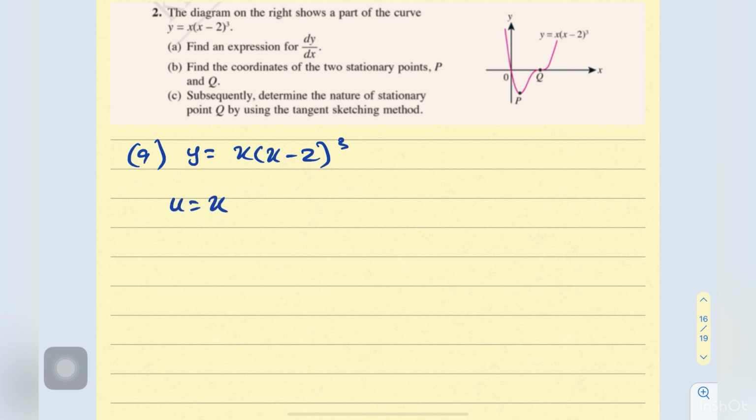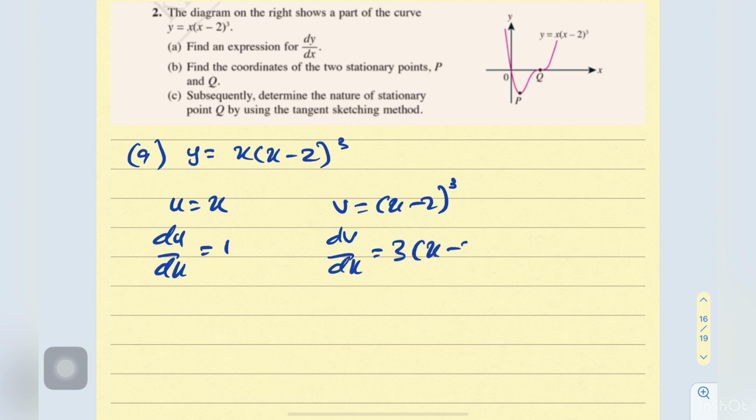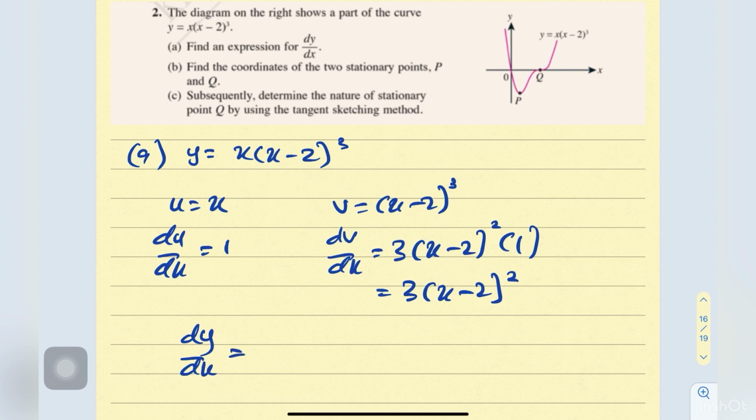So u is x, du/dx is 1, v is (x minus 2) cubed, so dv/dx is 3(x minus 2) squared times 1. So dy/dx by the product rule is u dv/dx, which becomes 3x(x minus 2) squared plus (x minus 2) cubed.